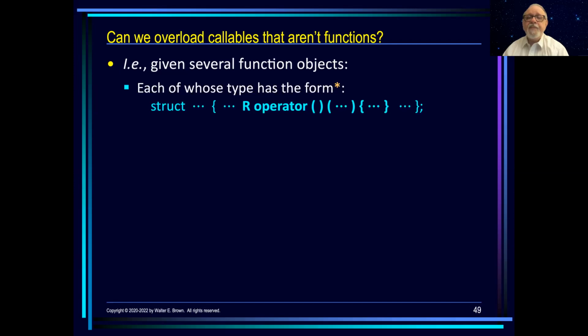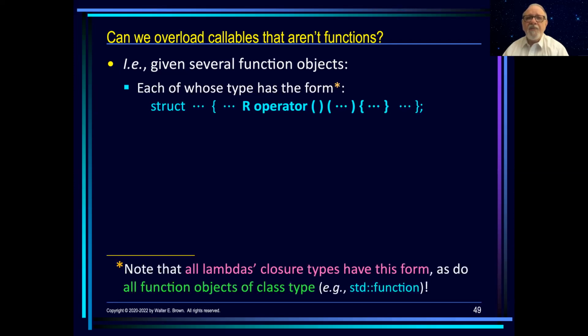Okay? And that encompasses an awful lot of function objects. As I mentioned in the footnote, every lambda has a closure type of this form, and all function objects of class type have this form. A particular example of that in the standard library is function.